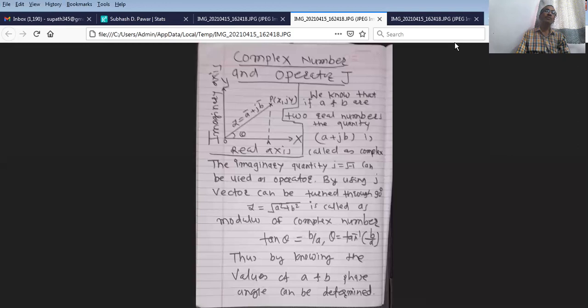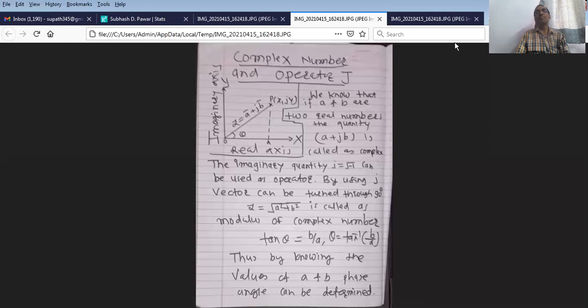The positive y-axis is used for the inductor. The negative y-axis is used for the capacitor. And the x-axis is used for resistance. This is the difference between real and imaginary. Quantities which have a phase difference are called imaginary. Quantities which have 0 degree phase difference, such as resistance, are called real quantities.